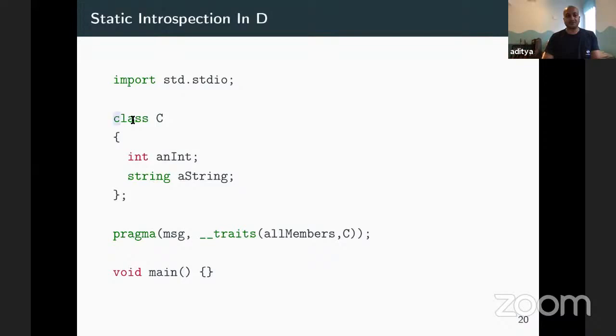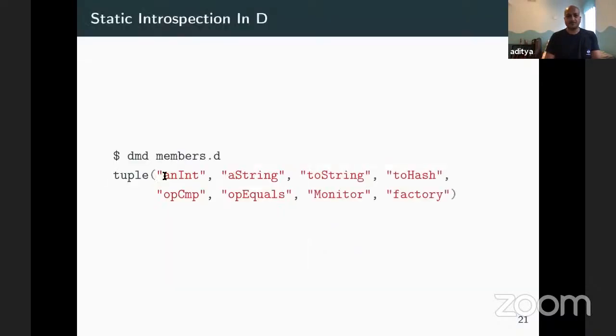So here, instead of a struct, I have a class. A class inherits more stuff than a struct. So when I print all of the members of a class, it's not just giving me an int and a string. It's also giving me all of the inherited methods that classes have, like toString and toHash and the comparison operator and equals operator and all this stuff.